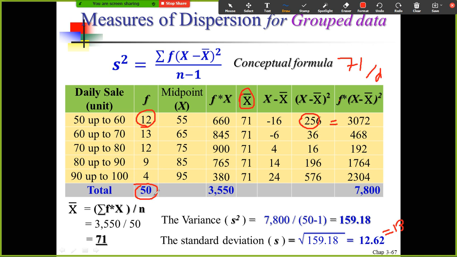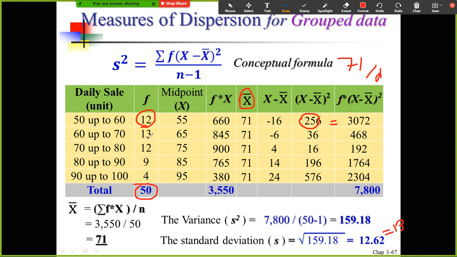Among the 50 sellers, some sellers could sell fewer units, some could sell more, but just say on average, each seller could sell 71 units per day.